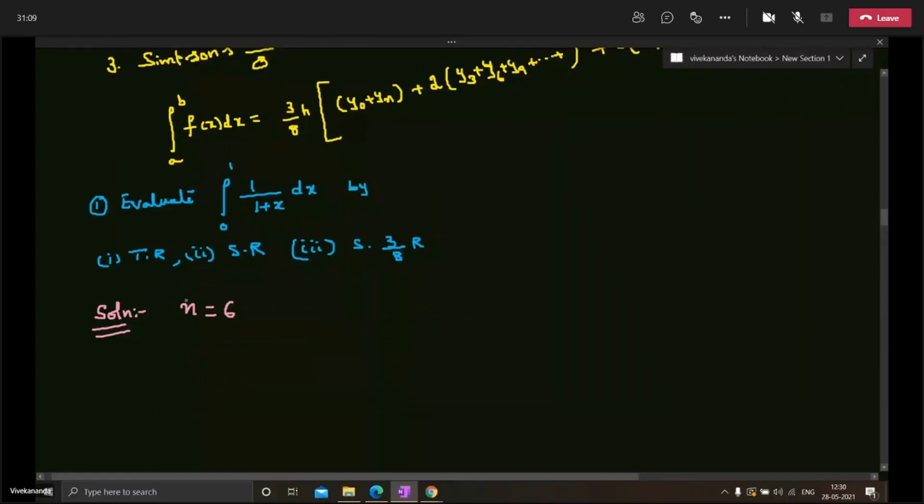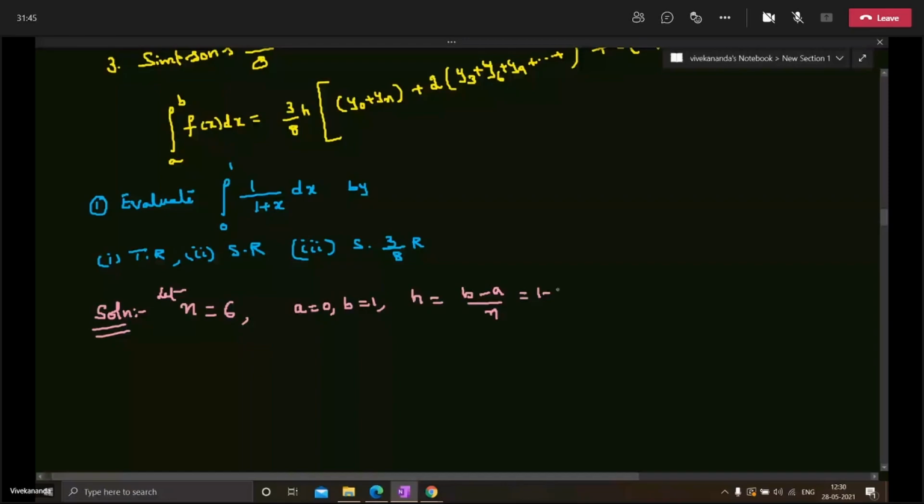Now, here I have defined n equal to 6, because 6 subintervals will satisfy all the rules. Now, a is 0, b equals 1. Then h equals (b minus a) by n, which equals 1 minus 0 by 6, which equals 1 by 6.